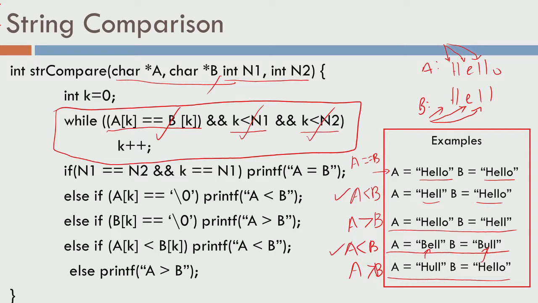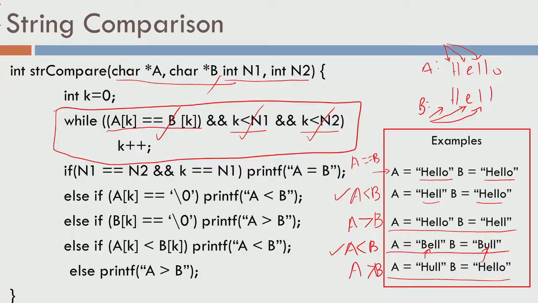If A of k equals B of k for all the characters that you saw so far, then at some point you would have hit n1, the end of A, and you would have hit n2, which is the end of B. So if n1 is actually equal to n2, and if k equals n1, which means you are looking for equality in A and B, then A and B are equal. So that is the example we have on the right side. A equals hello and B equals hello are actually the same.